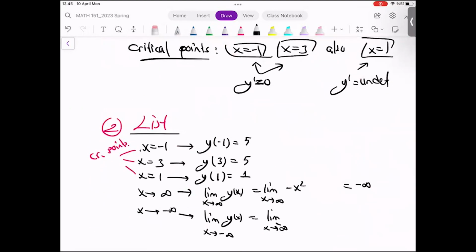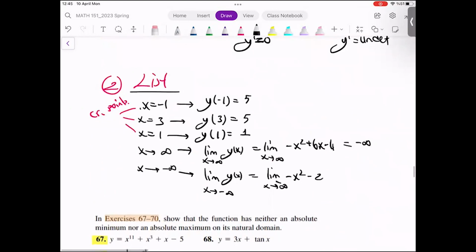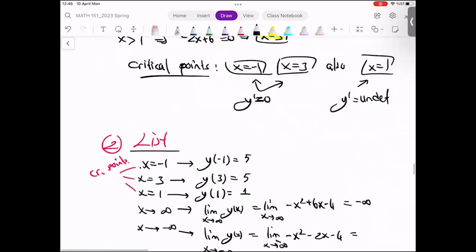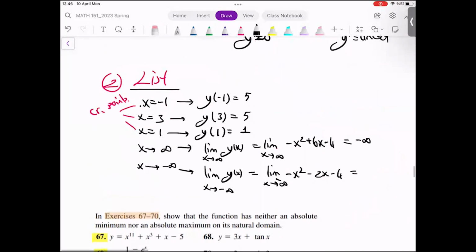Okay, let's fix it. And this is plus 4. Okay. And what is the limit here? Minus infinity. Nothing changed, right? Because of the minus coefficient, it is again minus infinity.